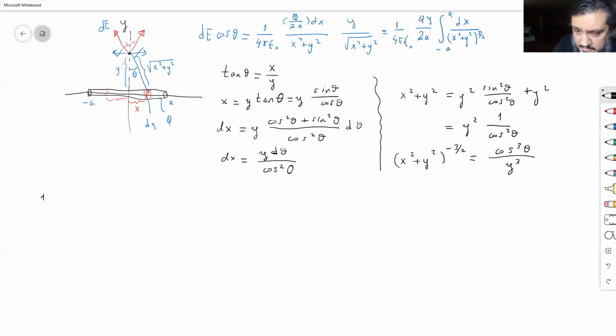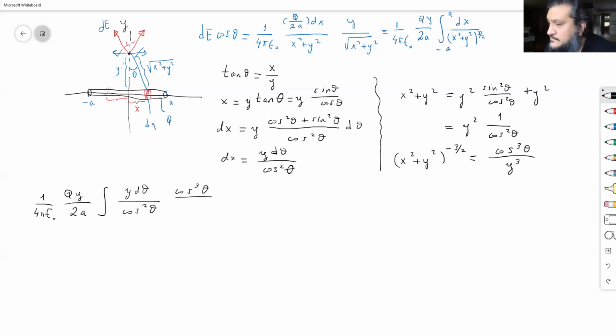So if I put these together, my integral is what now? 1 over 4 pi epsilon 0 q y divided by 2a, and then what I have is the integral of dx, that's y d theta over cosine squared theta, and then here I will have cosine cubed theta over y cubed.